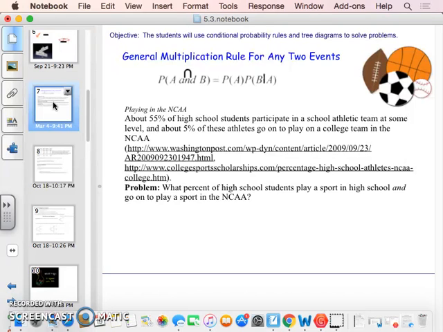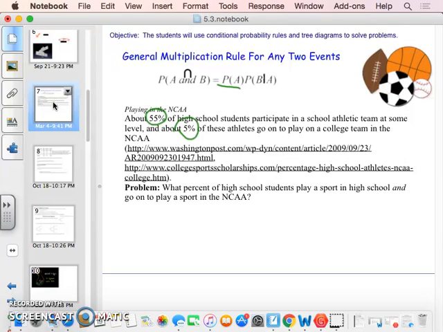And so what we can do is first look at the probability of event A. In this case, it is 55% of high school students participate on the team. And then we want to know the probability of B given A. In this case, it is 5% of these athletes go on. So given that they're high school students, 5% of them go on to play college. And so we want to know what percent go on to play in the NCAA.